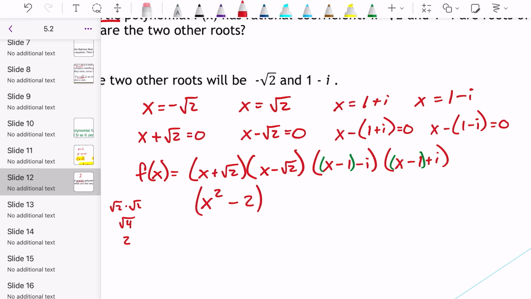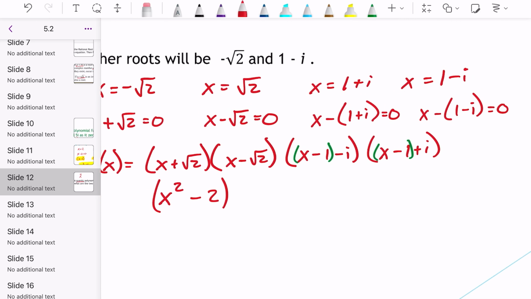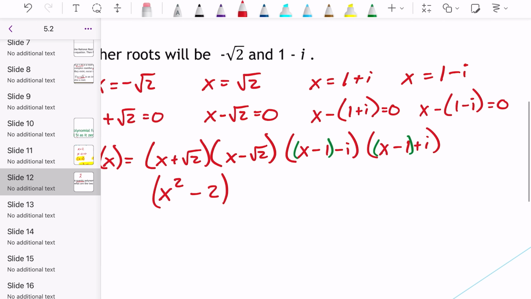Let's focus on the right side now. This is the same issue. It's a difference of squares. So we would go ahead, grab our first term, x minus 1, and that would be to the second power. Minus i times plus i would leave us with a minus i to the second power.